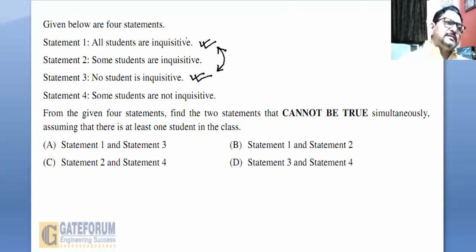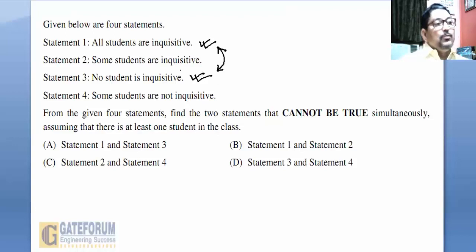No two statements clash against each other the way these two do, because they're directly opposite to each other. The others are leaving some space. Some students are inquisitive means some students are not inquisitive. Some students are inquisitive for one student. It means that that one student is inquisitive, so no student is inquisitive.